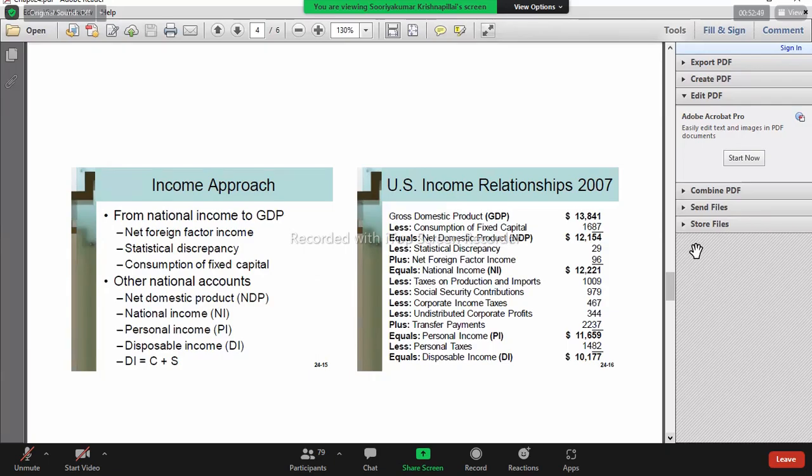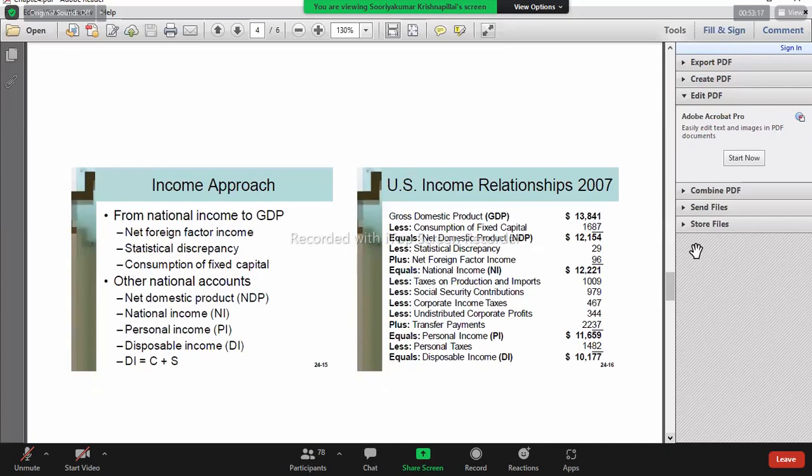So we deduct the net foreign factor income, because if the country's citizens supply resources to produce in a foreign country, that should be deducted, because that product is not produced in the country. So net foreign factor income should be deducted to find the GDP from the national income.